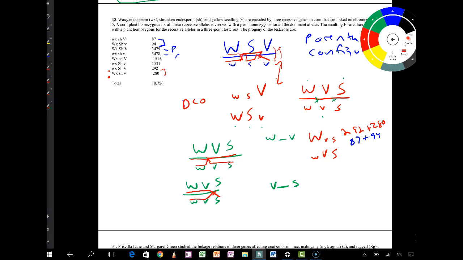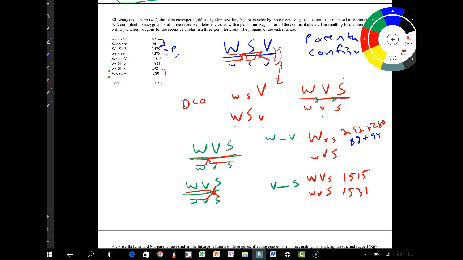Little w, little v, big S. So the ones that look like that are going to be big W, big V, little s, and little w, little v, big S. If we look up here, those numbers are big W, big V, little s, so 1515. The other one, 1531.